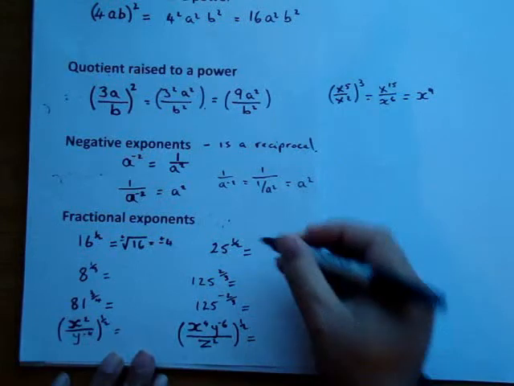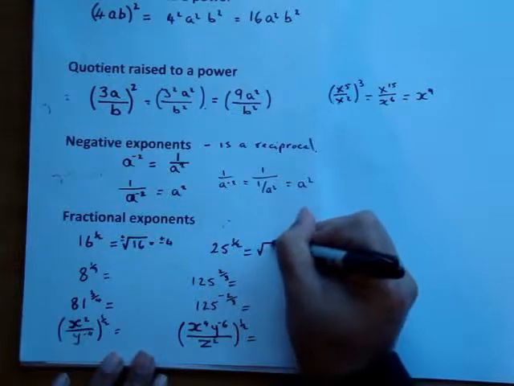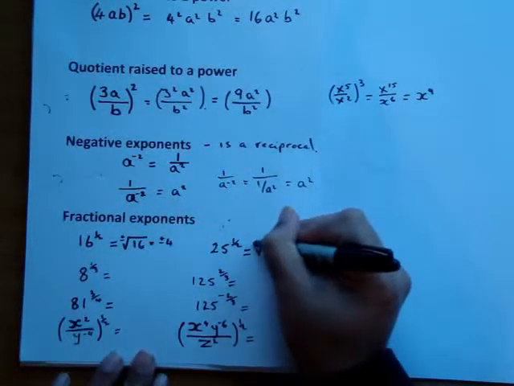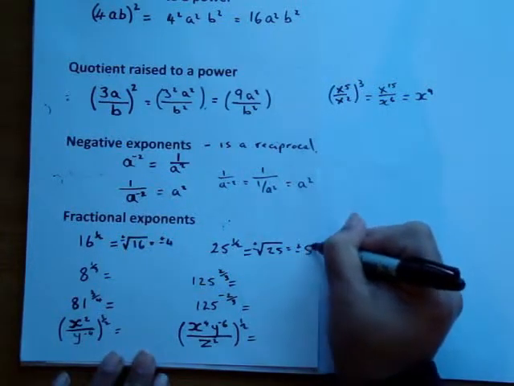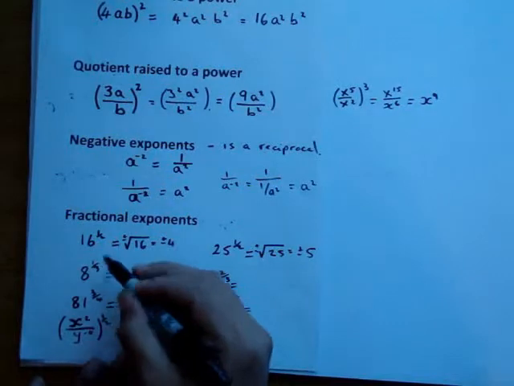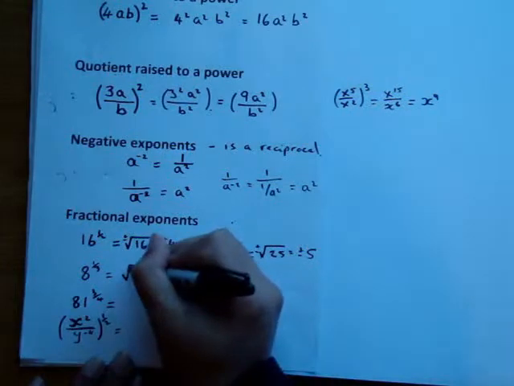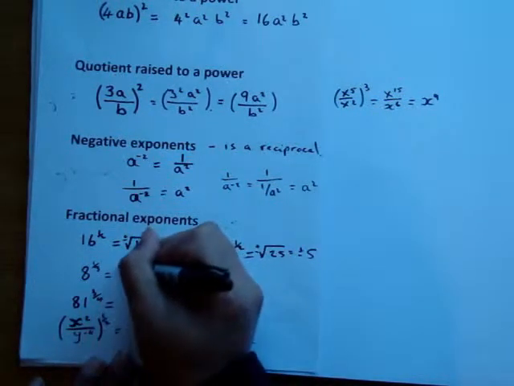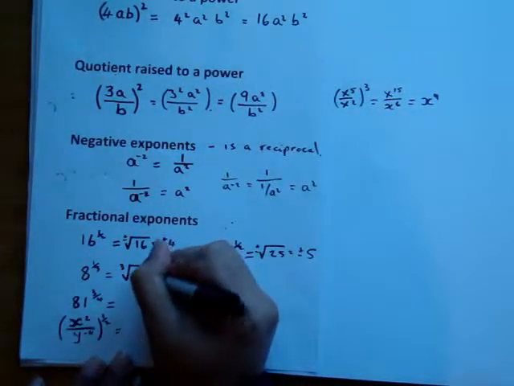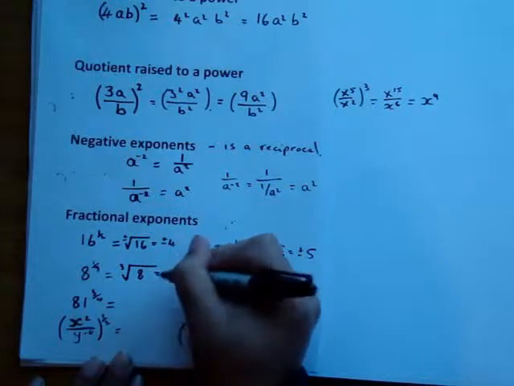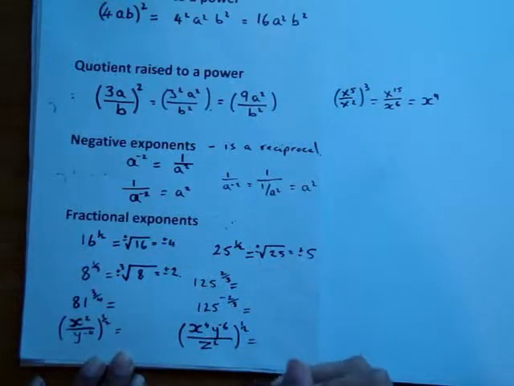Similarly, 25 to the power half is the square root of 25, which is plus or minus 5. 8 to the power third, we simply put the root sign 3, so that's the cube root, and then the 8 goes underneath, and the cube root of 8 is plus or minus 2.